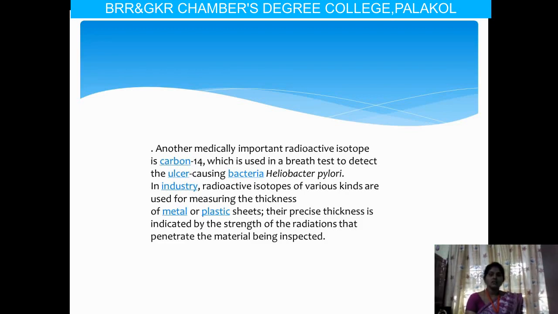In industries, we can also use this material to determine the thickness of metals, plastics and materials like cloth. The thickness is indicated by the strength of the radiation that penetrates the material being inspected. This is about radioactive isotopes.